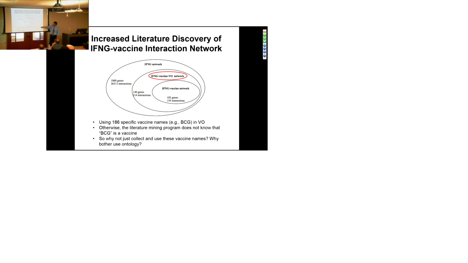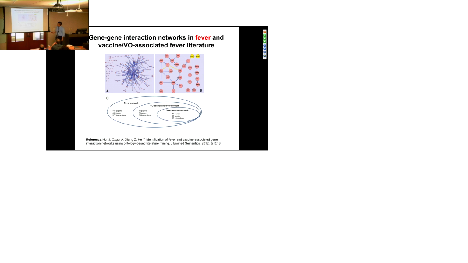But the ontology knows BCG is a tuberculosis vaccine. So by using the simple hierarchy, you can get more genes identified. This is more adverse event associated. We are also looking for fever. If you are looking for the fever network with the vaccine ontology, then you can find more papers talking about vaccine-associated fever, so vaccine-associated adverse events.